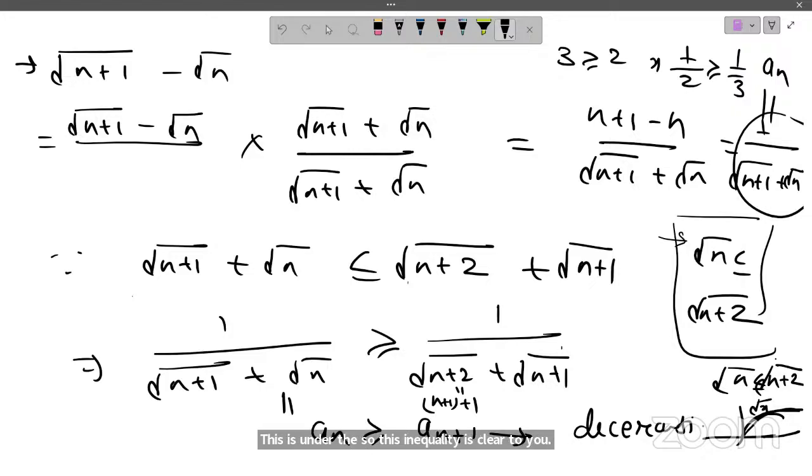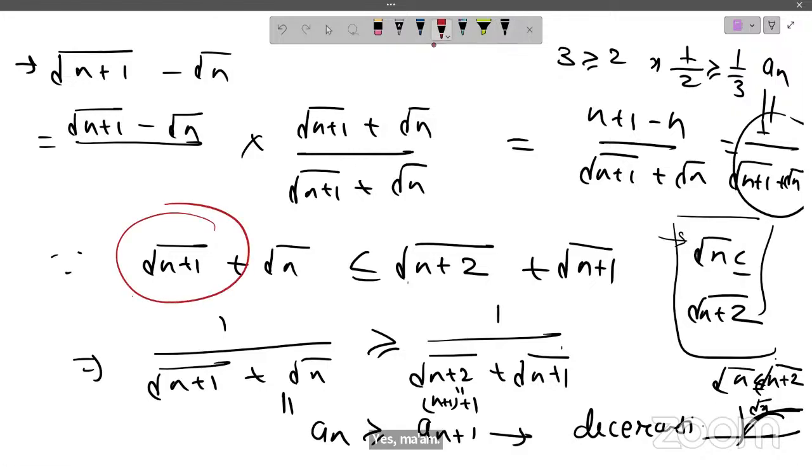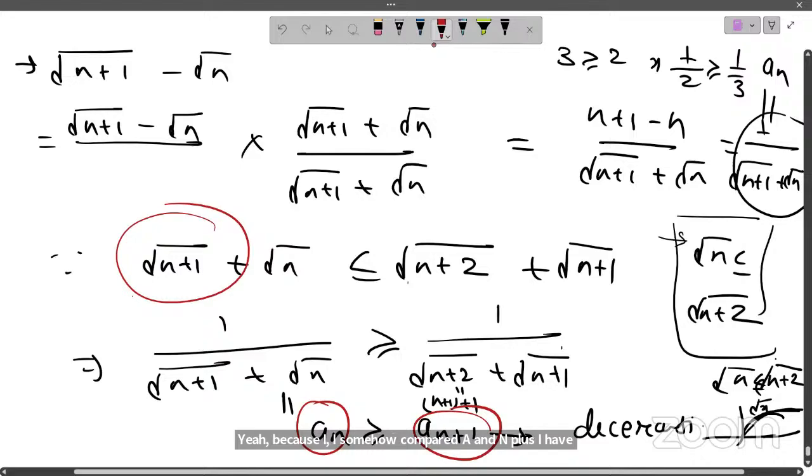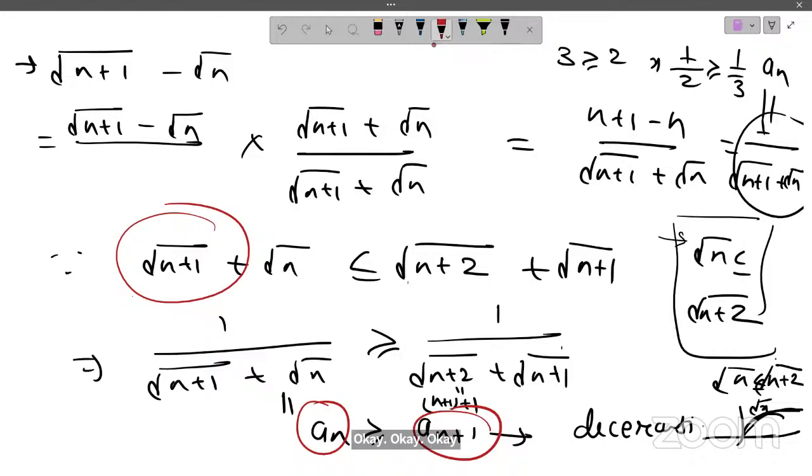Yeah. So just observe here that this is one term. No, but before that, how did you get this one? You just took two terms and you're just comparing. Yeah, because I want to compare an and an plus 1, right? I know that my an looks like this and my an plus 1 looks like this.